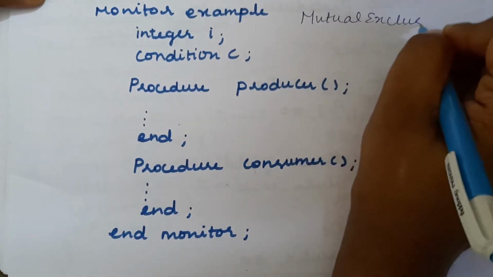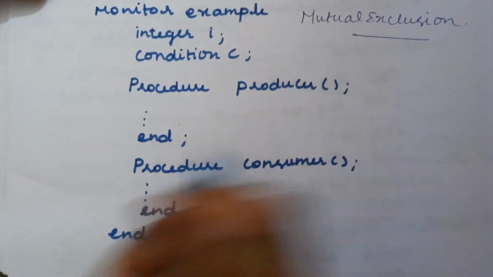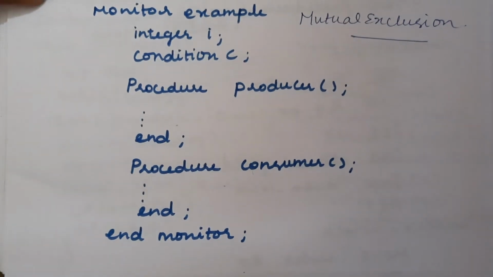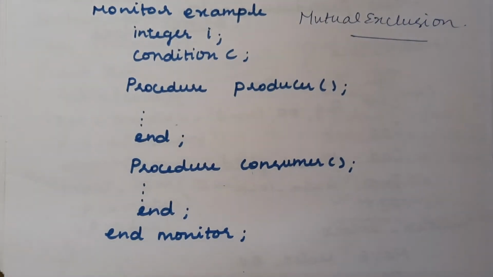It will also have a specific property called mutual exclusion, because whenever we talk about the process synchronization problem, the first thing we need to achieve is mutual exclusion. Only if it achieves this can we say it is a solution for the process synchronization problem. Monitors also achieve mutual exclusion. The meaning of mutual exclusion is that at a time only one process can use the monitor. If another process is already using the monitor, then other processes cannot use it at the same time.